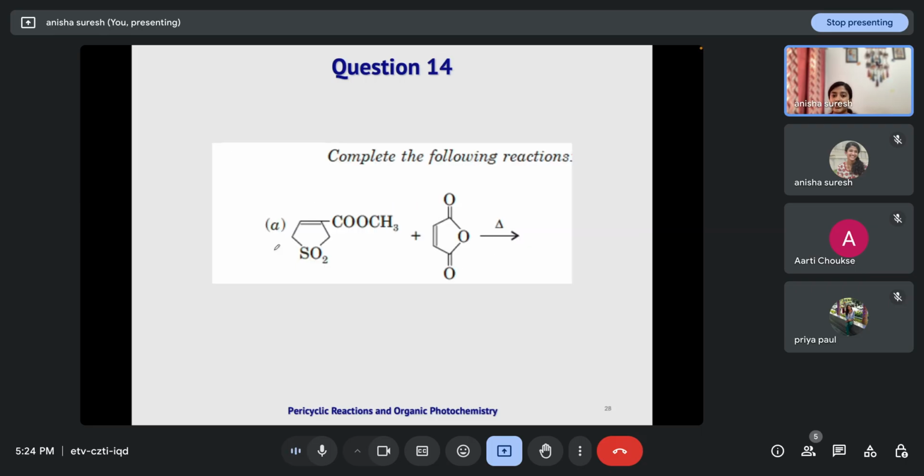Now coming to question number 14. Complete the following reaction. So what will be the reactions that are taking place here?